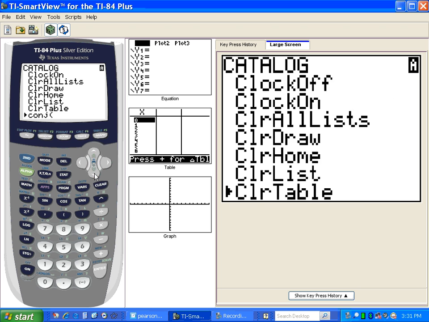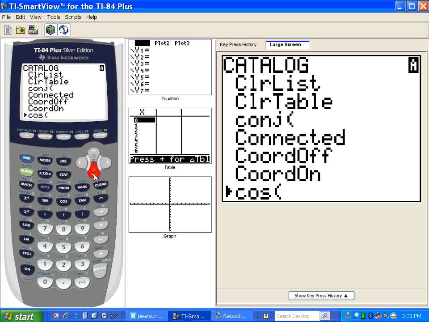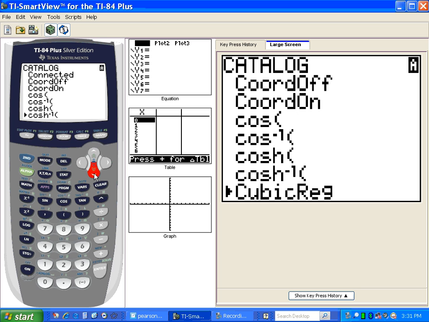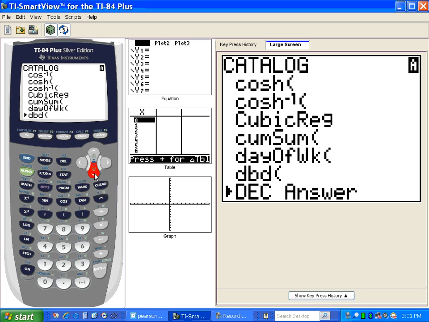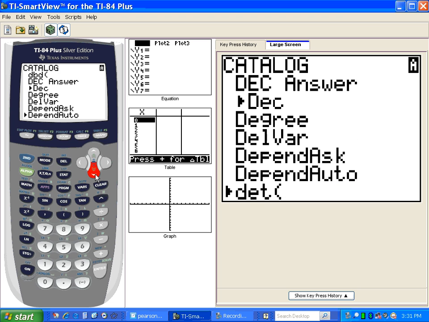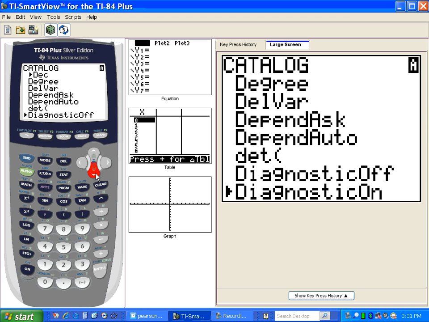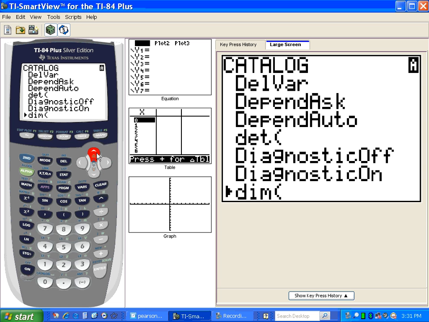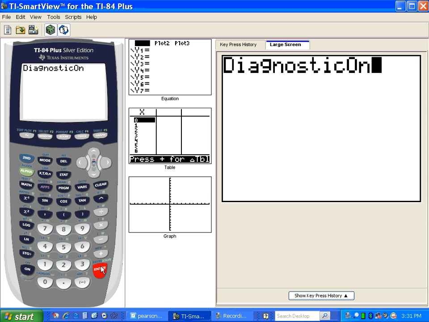So we're going down to the D's. There's off and there's on. So we want to make sure it's on. Diagnostic on. We're going to hit enter. It's going to go to that screen, and just hit enter. So it says done. Diagnostic is on.